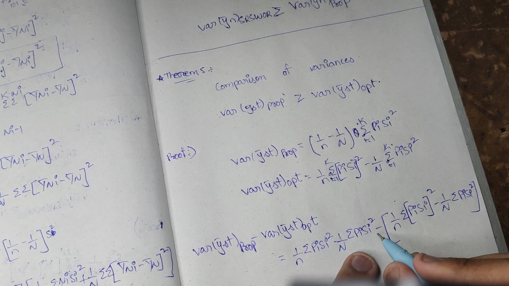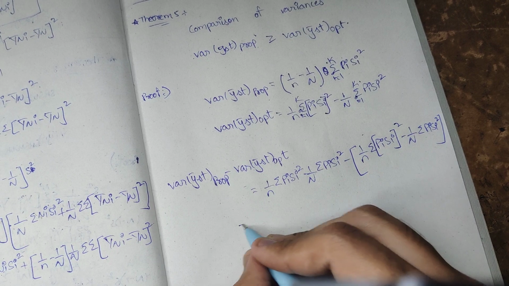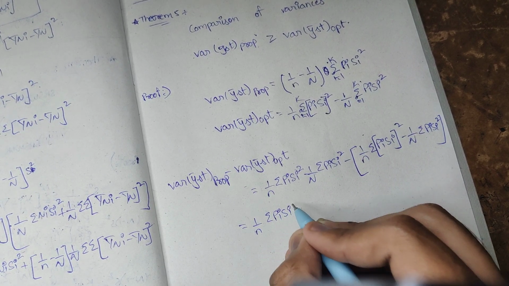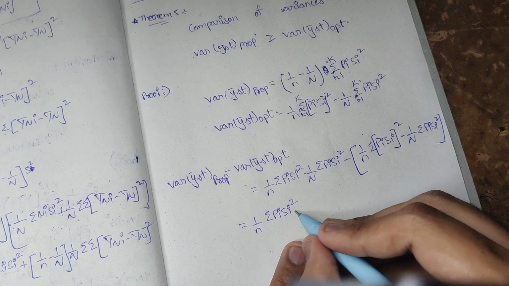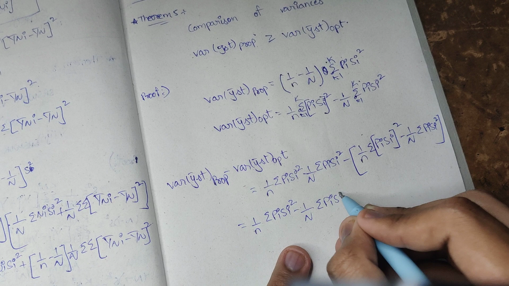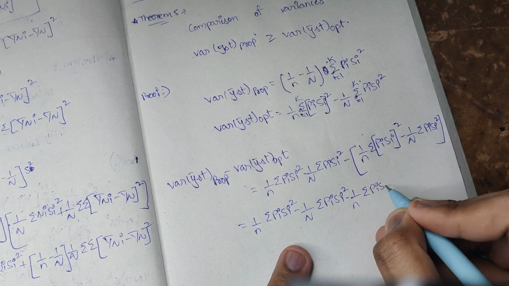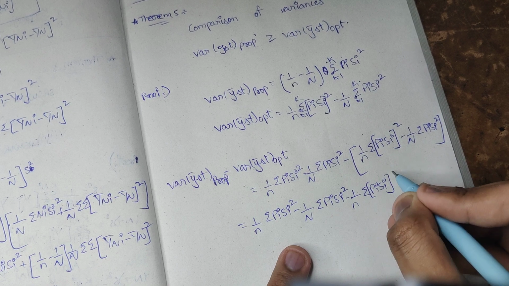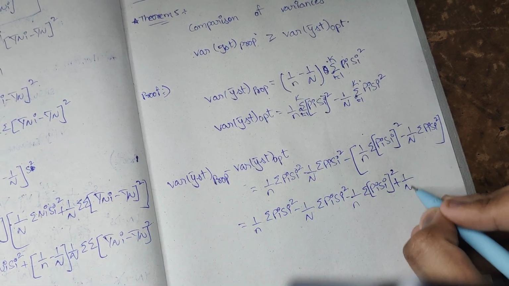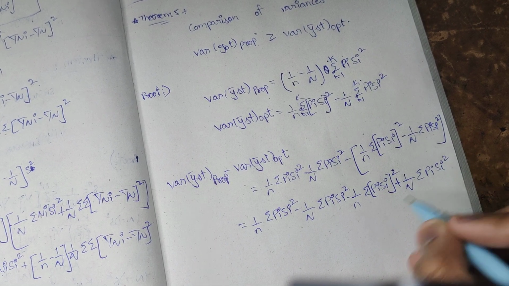If we multiply this minus inside, then we get 1 by n summation pi si square minus 1 by capital N summation pi si square minus 1 by n summation pi si whole square, plus, because minus into minus is plus, 1 by capital N summation pi si square.